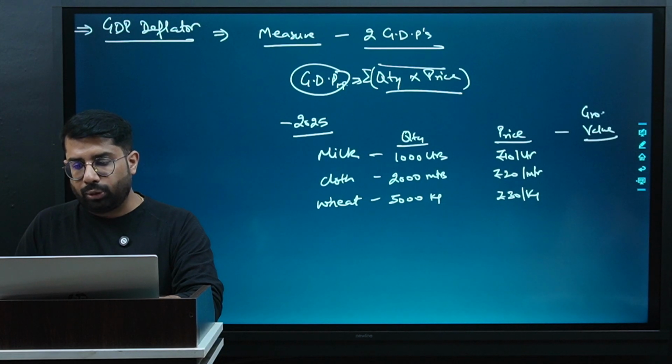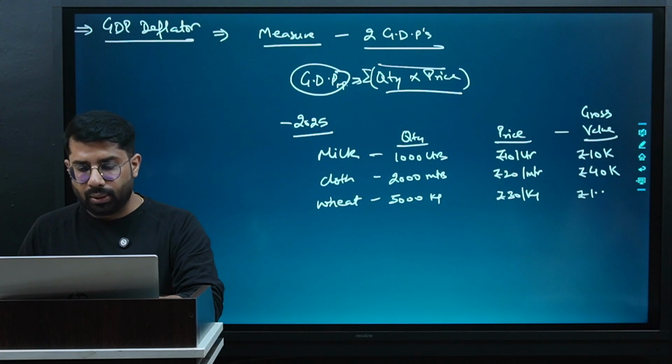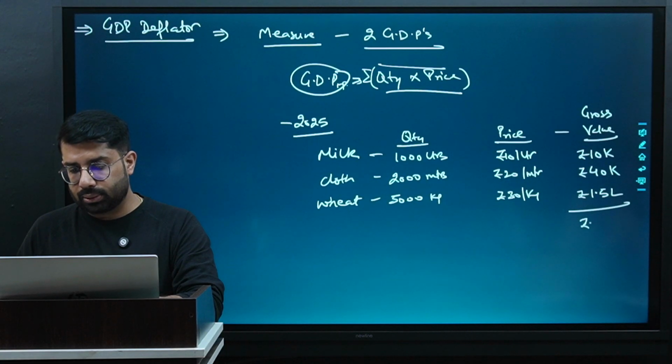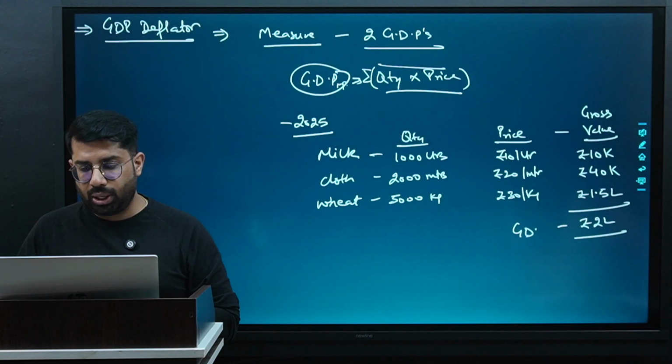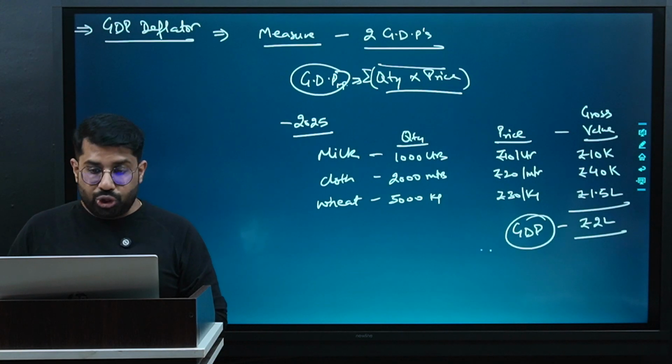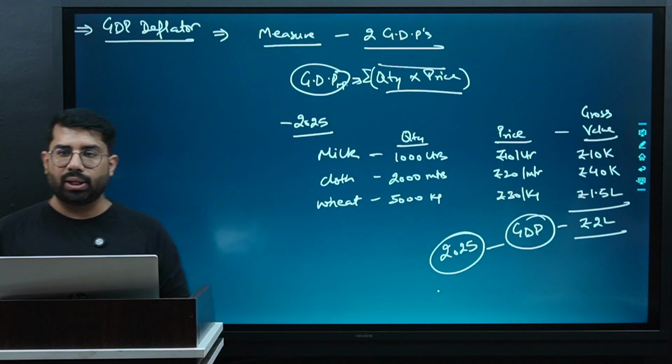What will be the gross value of the commodities? 10,000, 40,000 and 1 point. Total will be 2 lakhs. Correct? This will be GDP. GDP of current year 2025. Are we clear with this thing? Yes or no?